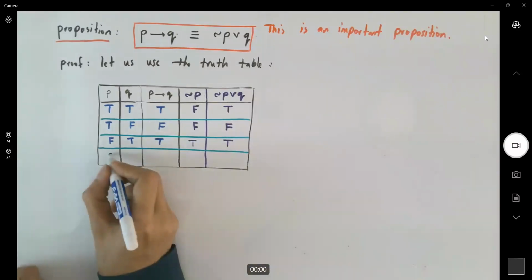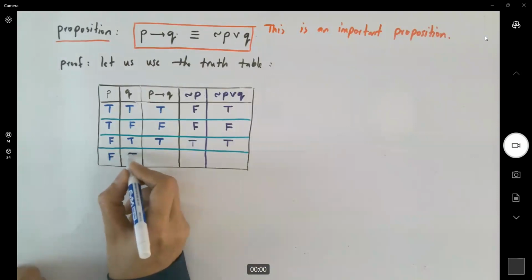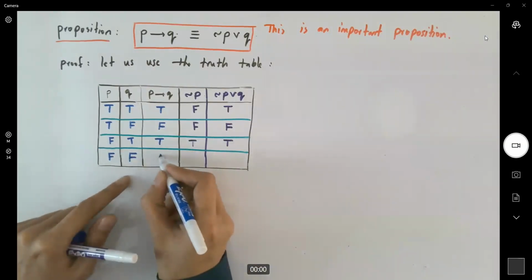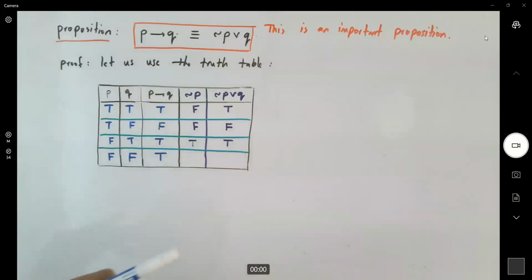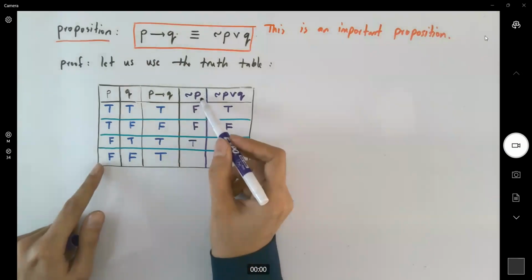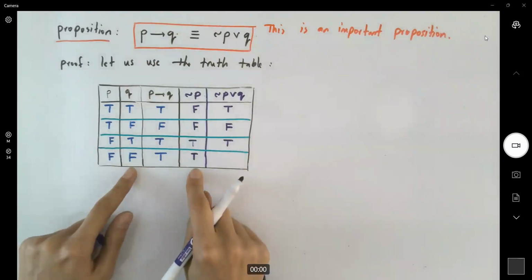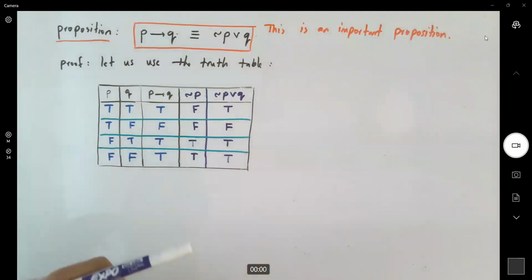What if my first statement is false, my second statement is false? False, then false. Remember the definition, it is true. Not false is true. True or false is true.